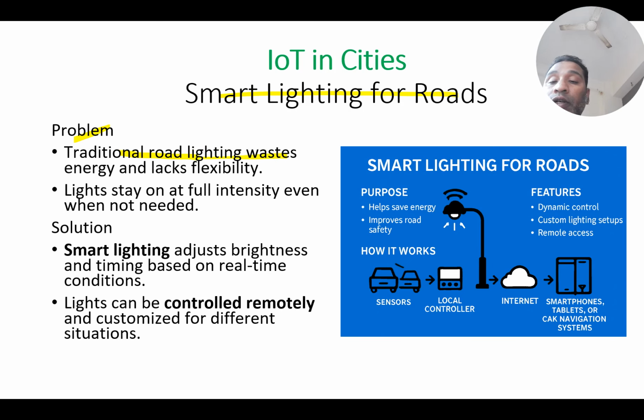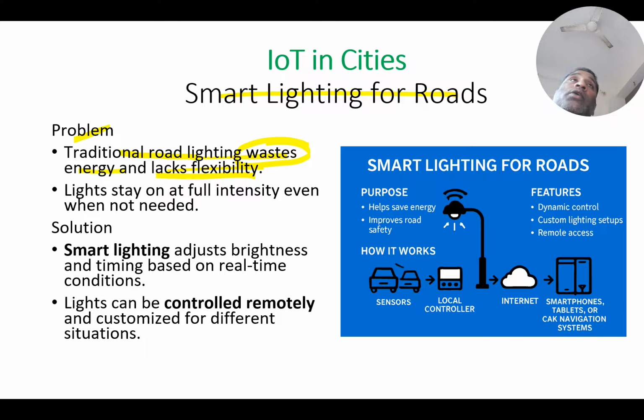Traditional lighting wastes energy and lacks flexibility. Right? Street lights are on at night 12 o'clock when no people are there. When no people are there, light is on. It is the wastage of electricity, and lacks flexibility. Right? Sometimes in the winter season, it is dark as early as 6 o'clock.